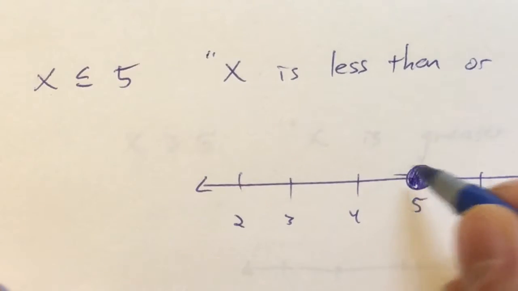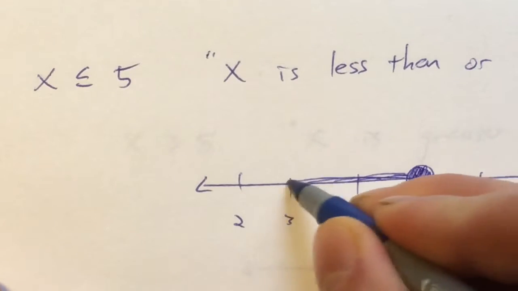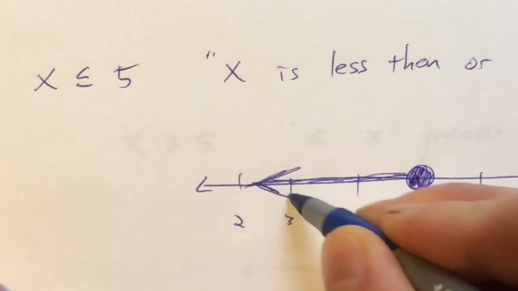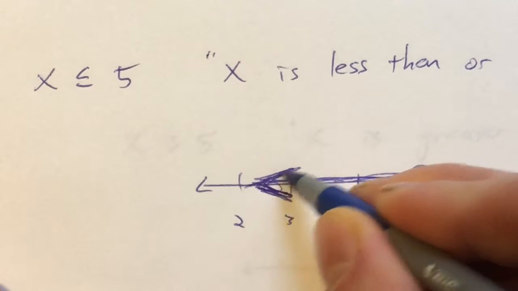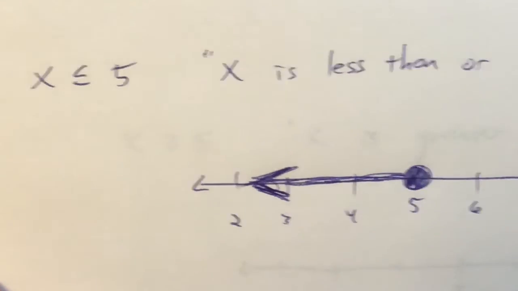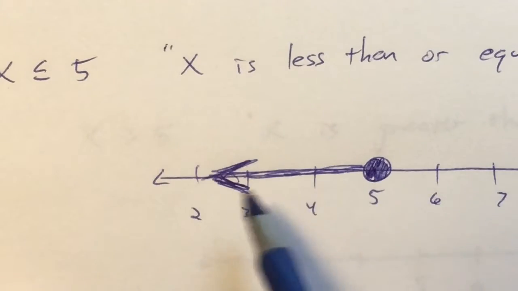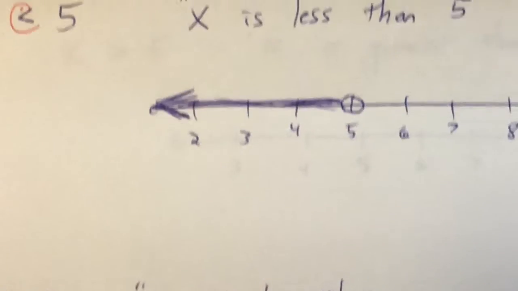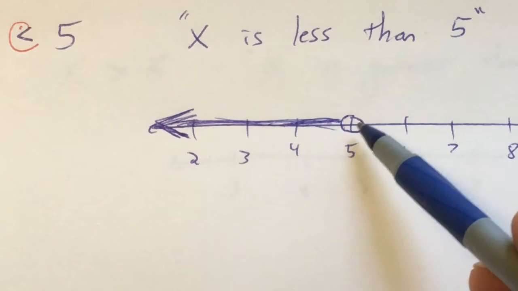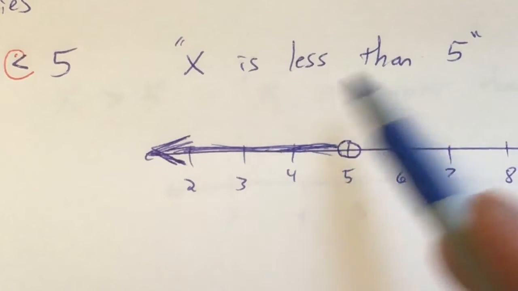So you color that in, and then you shade in everything less than 5, in that direction at least, with a nice thick arrow. So x is less than or equal to 5 on a graph would look like this, versus here, where the circle is not filled in when it's simply x is less than 5.